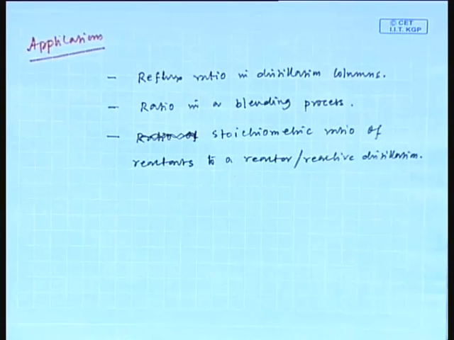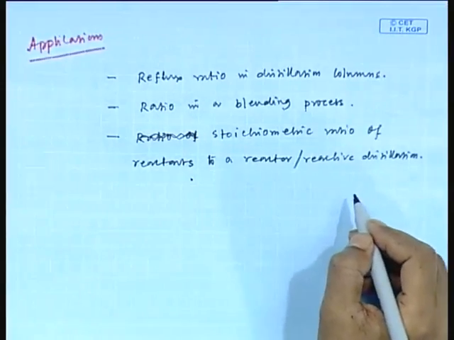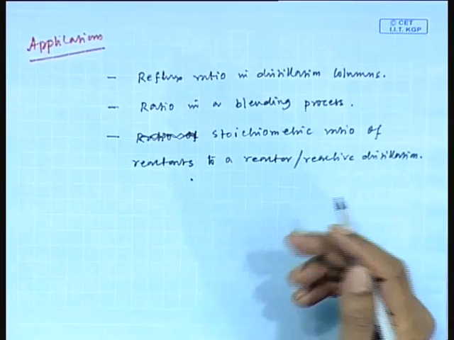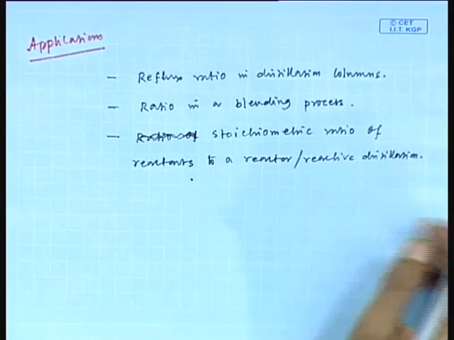If any reactant is in excess, that can come out in the product, and that degrades the product quality. Therefore, it is required to maintain the stoichiometric ratio of reactants which are fed to the reactor or reactive distillation.